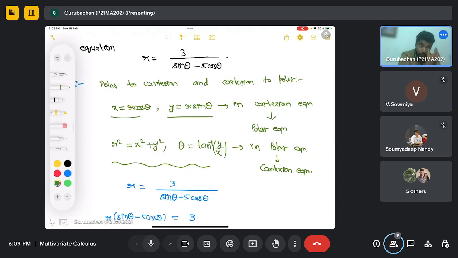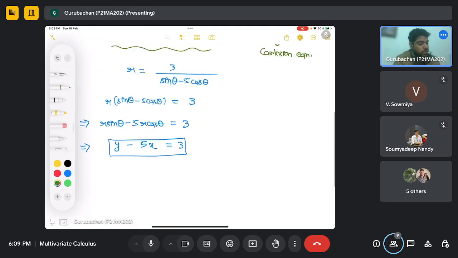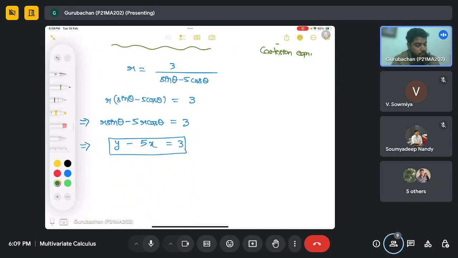So if I would change this question in the way, suppose I am giving you r is equal to 3 sine theta divided by sine square theta minus 5 cos square theta. Then what would be its Cartesian equation? Please tell me.